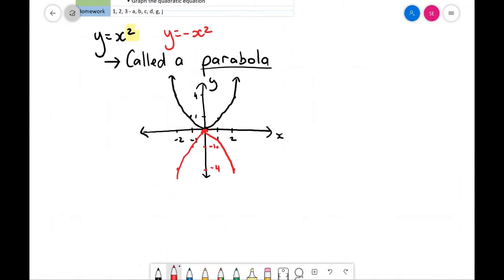Okay, so we need to know a few more terms. We've got the range. The range of a function or an equation is all the possible y values.